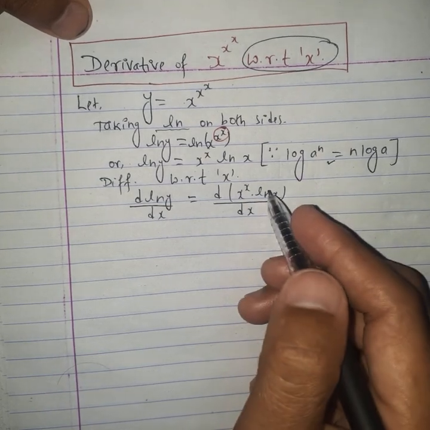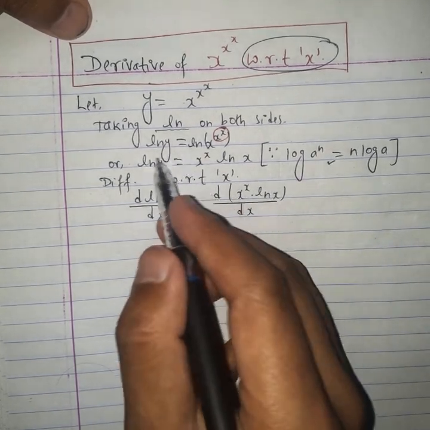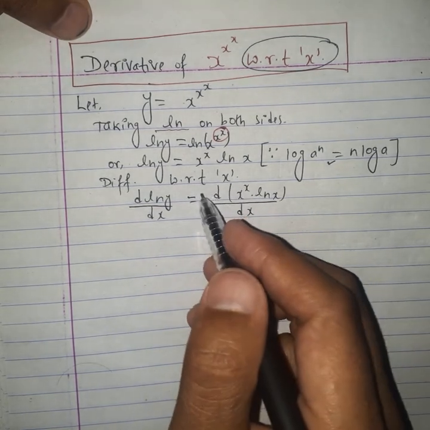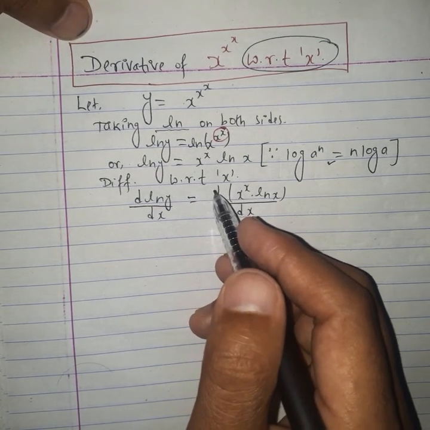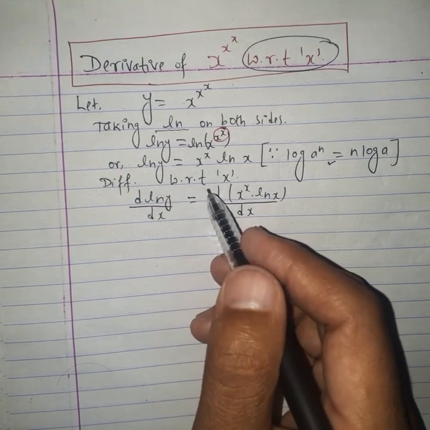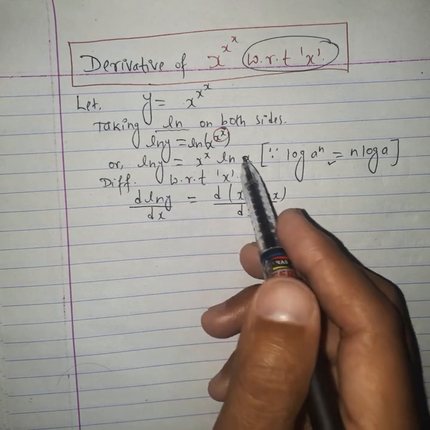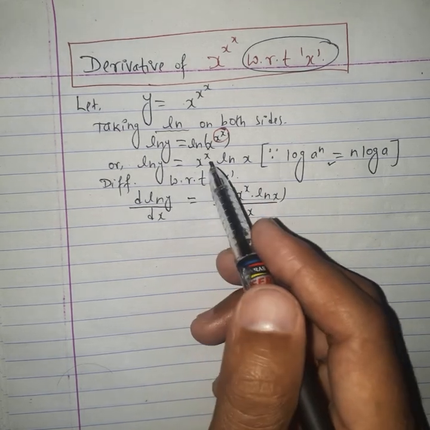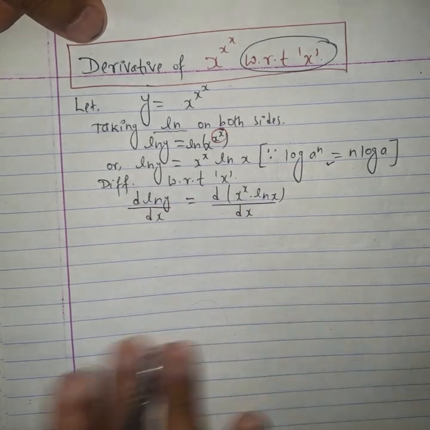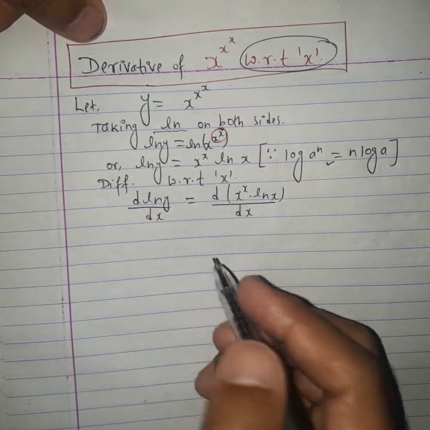Here I am going to use implicit differentiation. That means we differentiate the function without expressing y in terms of x, without solving for y. This method of differentiation is called implicit differentiation.